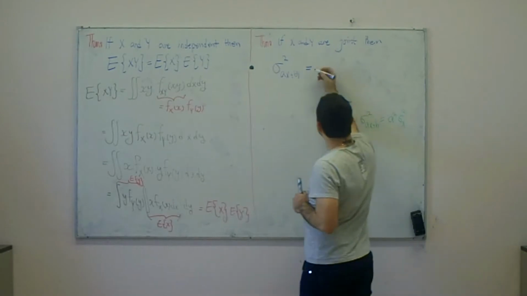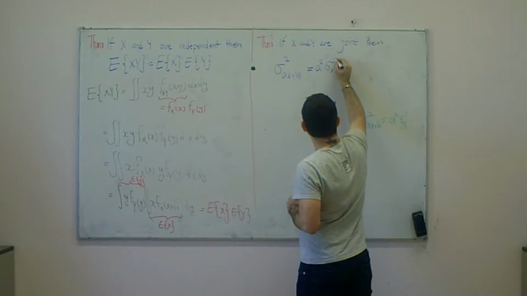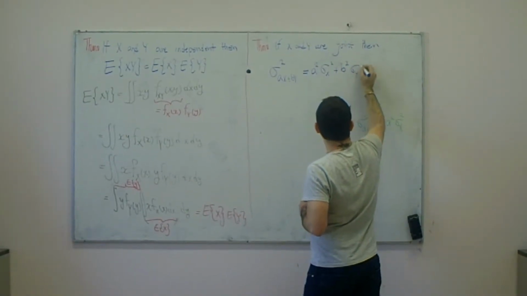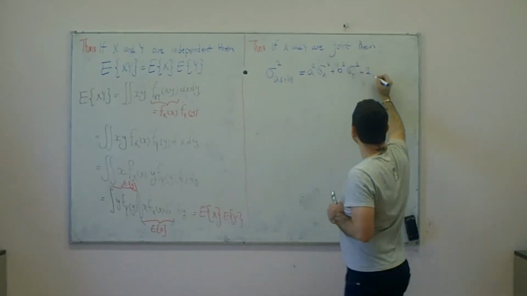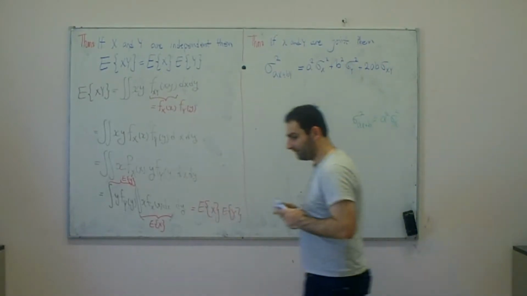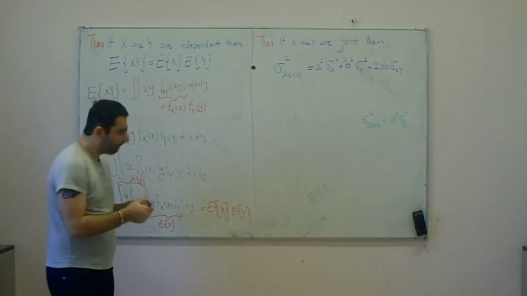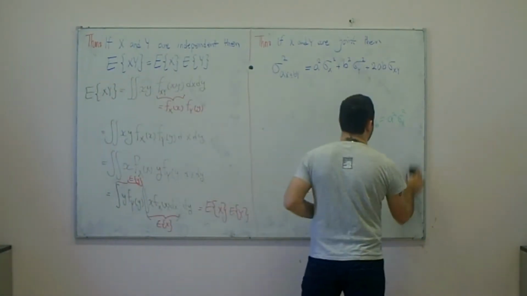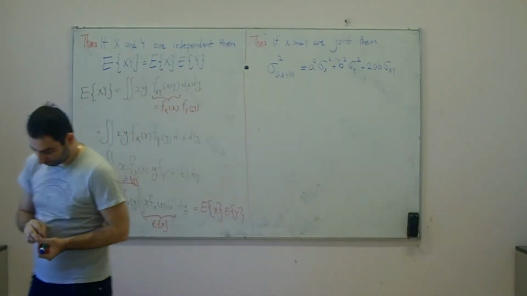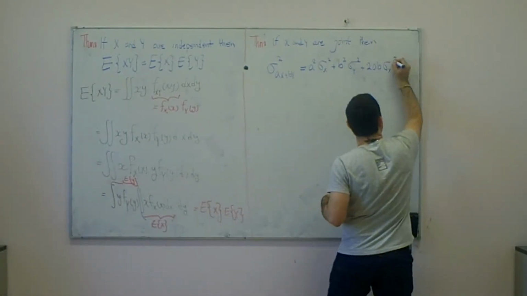Here it is a square sigma x square plus b square sigma y square plus 2ab sigma x and y. This is covariance.